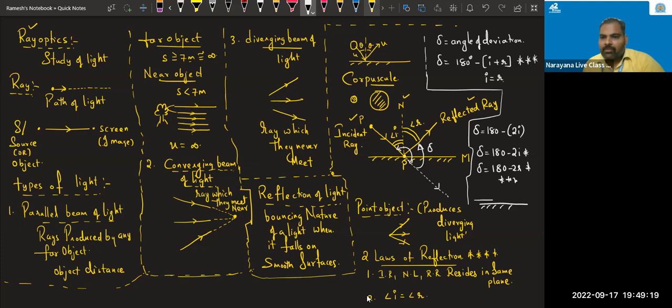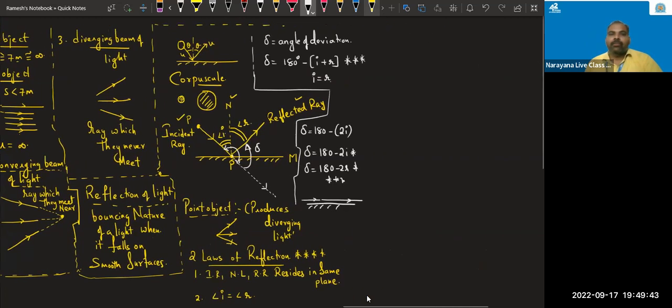If the light ray comes like this, it will go like this only. No deviation. Finished? Okay.